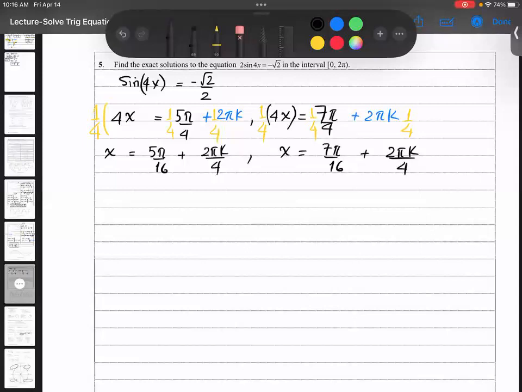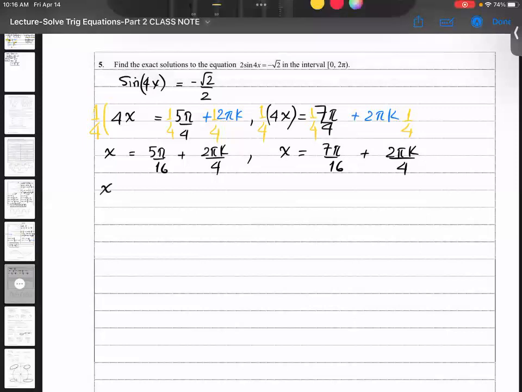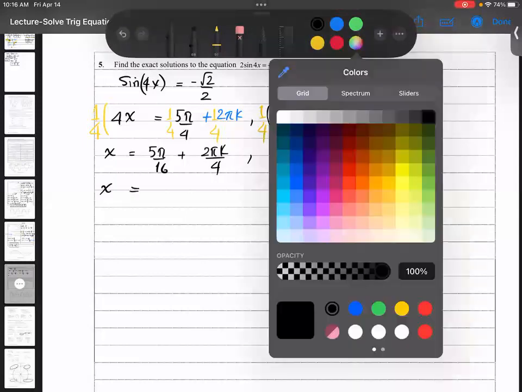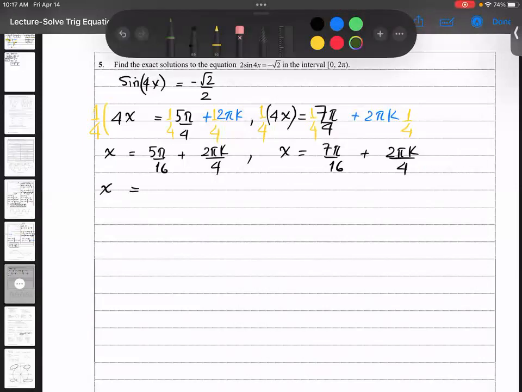Common denominator. Four over 4. So x equals, the common denominator is 16. The top is just add them together.